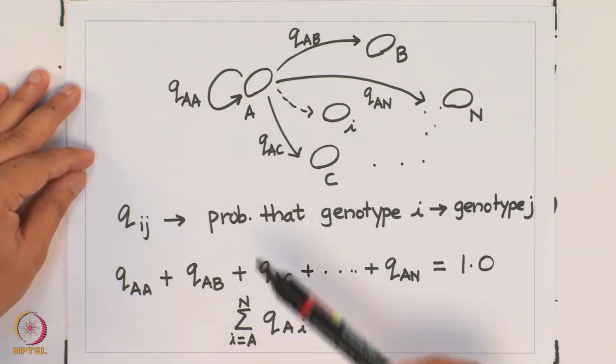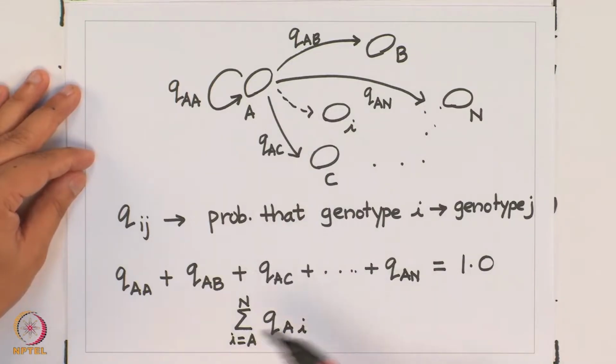What is the chance that the progeny that has been produced belongs to genotype A is represented by this number. The chance that the progeny belongs to genotype P is represented by this number, and the chance that the progeny is of genotype N is represented by this number.